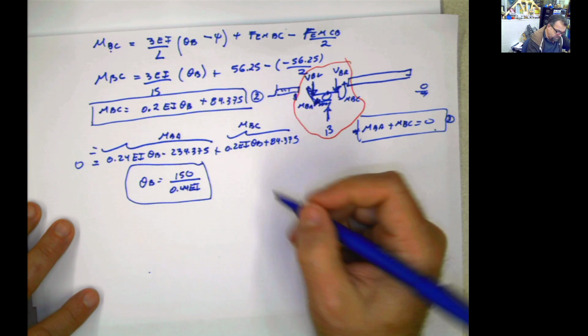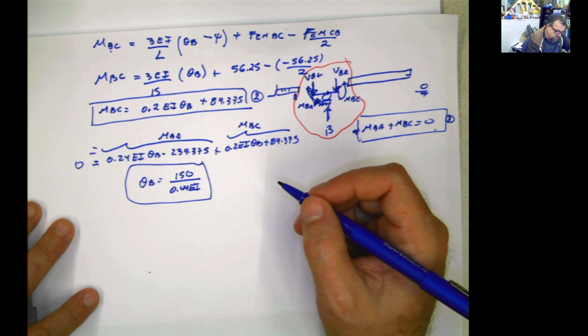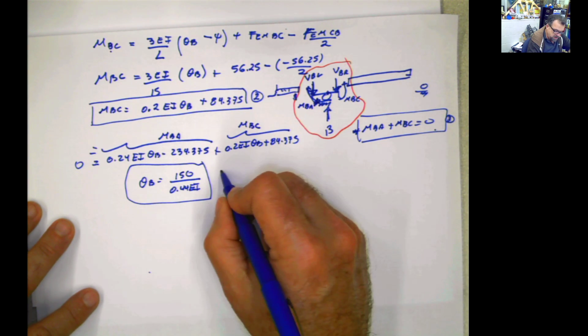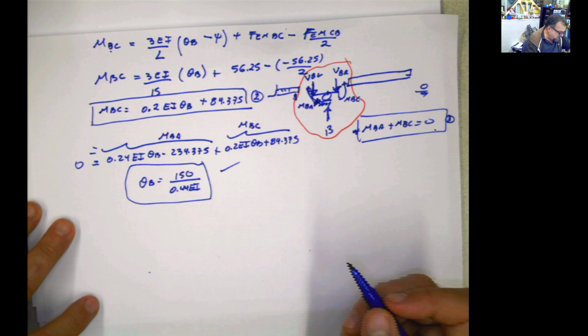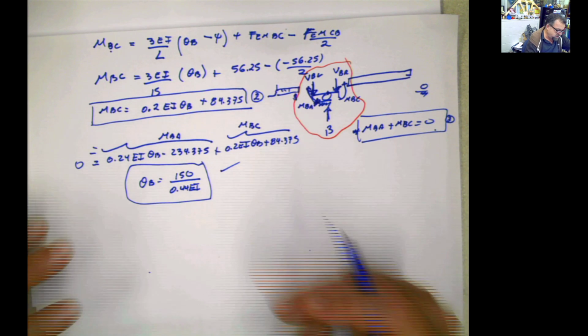Now if we wanted to just calculate the rotation, that will be the value of the rotation, plug in EI, and that will be it. But this is not our objective. Our objective is calculating the moments, because with the moments we can finish the problem.